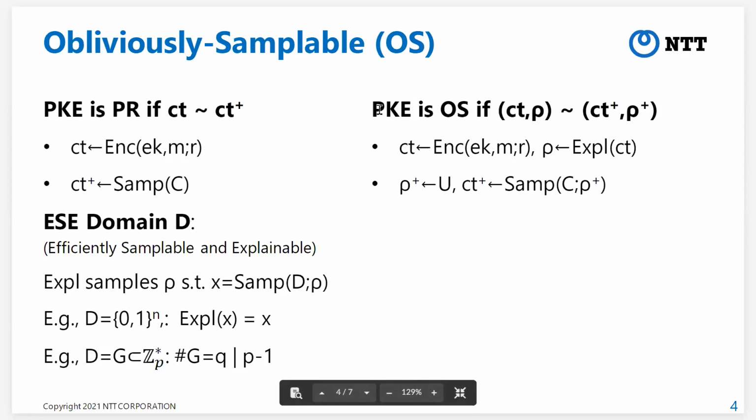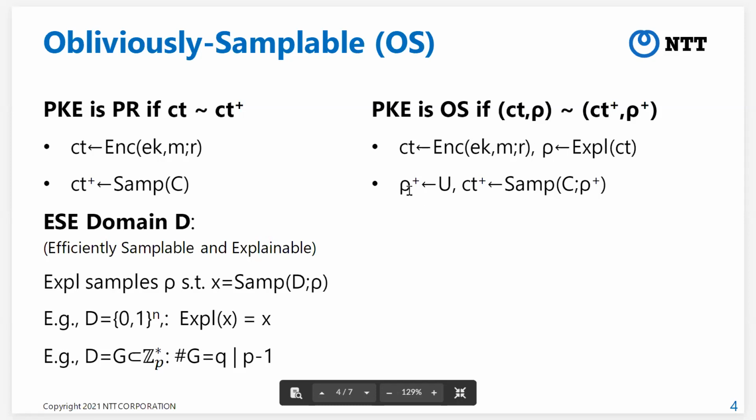And we say a public key encryption scheme is openly sampleable if a ciphertext and its explained randomness are indistinguishable from randomly generated randomness and ciphertext. So ciphertext CT is a real ciphertext, and this rho is generated by Explain.